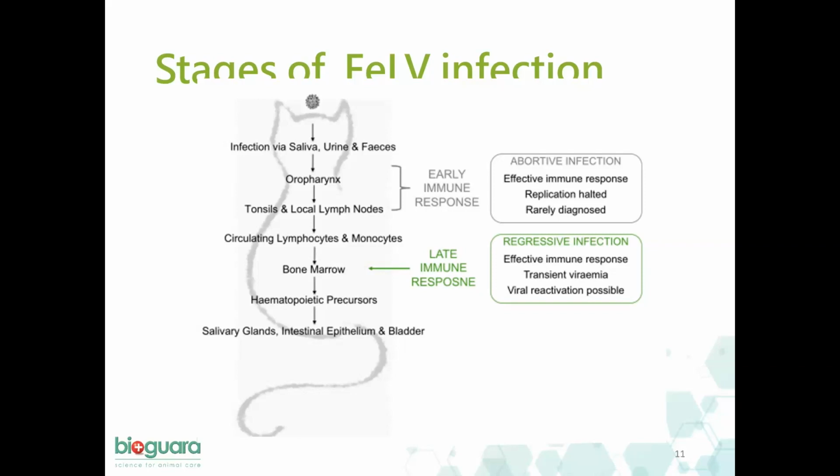Then the cat's immune system partially responds to the presence of the virus, and it manages to control the infection before a secondary viremia occurs. So during this stage, the virus is present in the bone marrow, but there is no or minimal evidence of secondary infection, which means that the virus is not actively replicating and spreading throughout the cat's body.